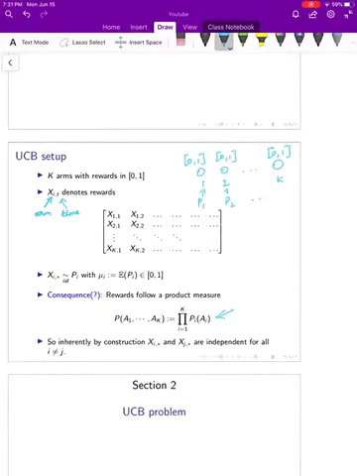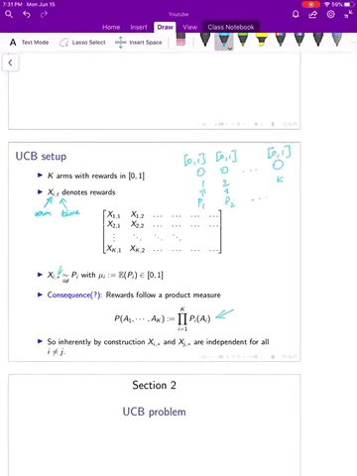So for any t, this X_i,t follows the distribution P_i, which is independent across time t as well.